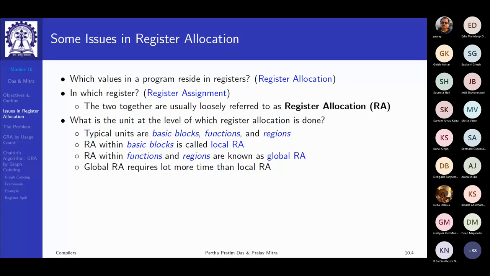And what we will do here is we will mostly focus on the function units, because that's the most common, and it is a no-brainer to understand that global register allocation requires a lot more time than the local register allocation. So this is the first set of issues that you have to address.